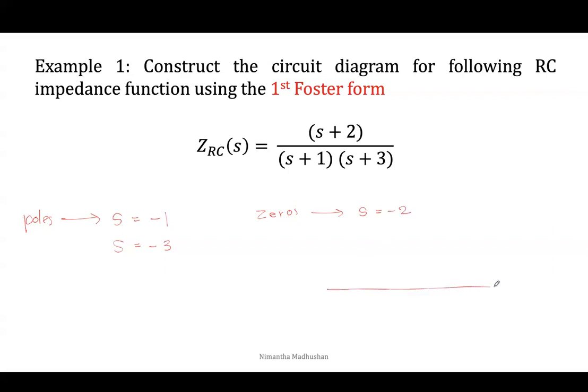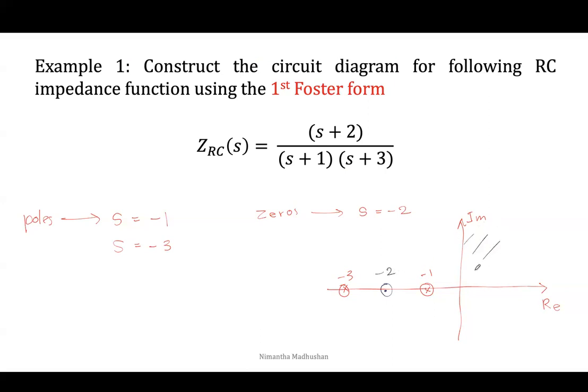Then we can plot the poles and zeros in the complex s plane. This is the imaginary axis and this is the real axis. It has two poles at -1 and -3, and it has one zero at -2.